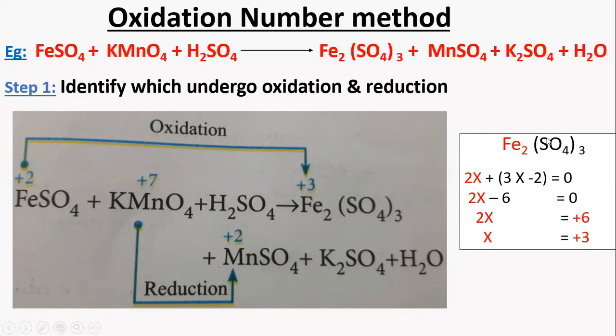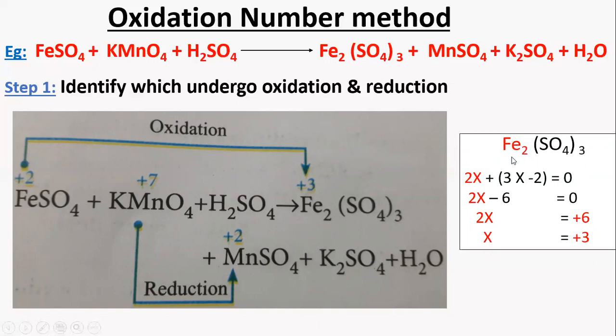You have to go in this manner. So now 2x plus 3 times the constituent atoms of sulfate SO4, so 3 into -2. Here there is no charge, so we simply write 0. So now 2x minus 6 equals 0, and finally we get x equal to +3.